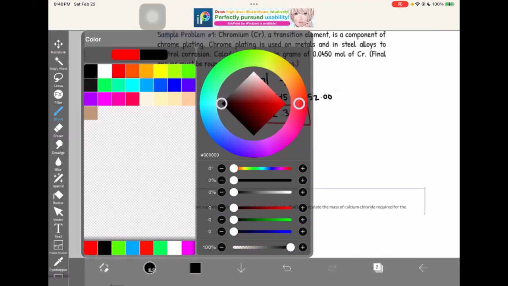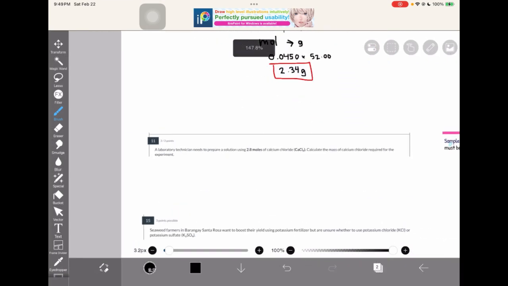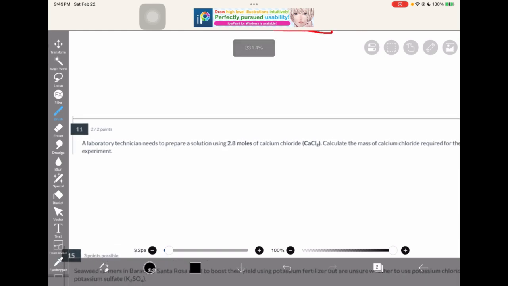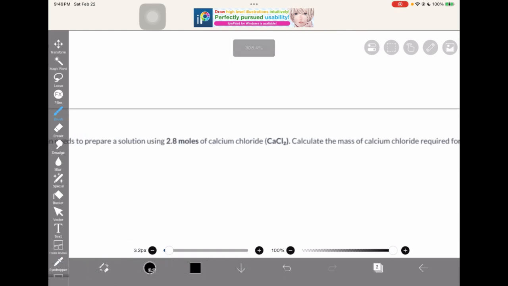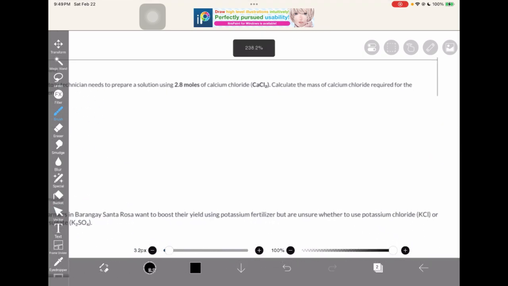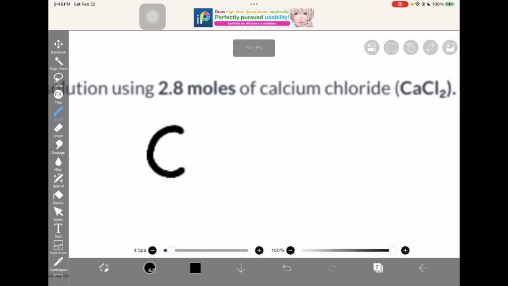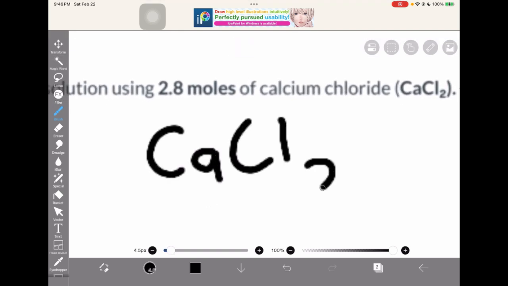Alright, this is where we have to calculate the molar mass first. We have to find how much mass of 2.8 moles of calcium chloride. To calculate the molar mass, we first need to determine the components in calcium chloride.